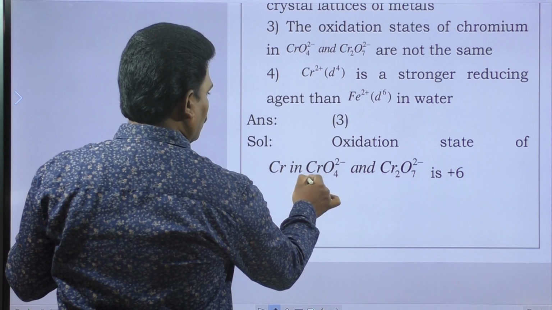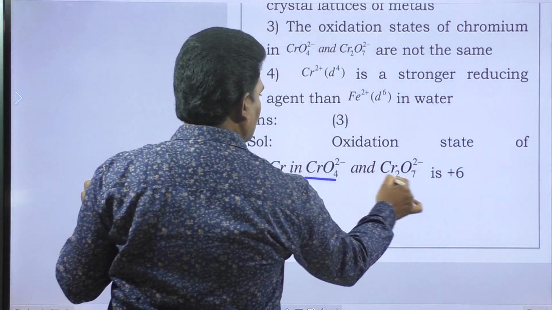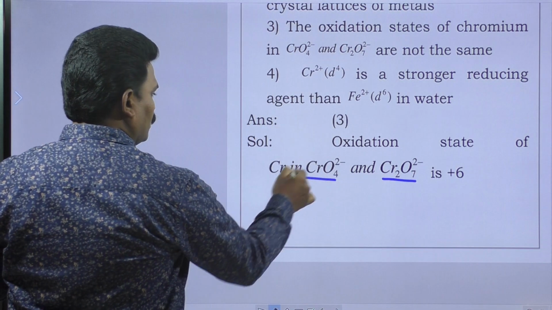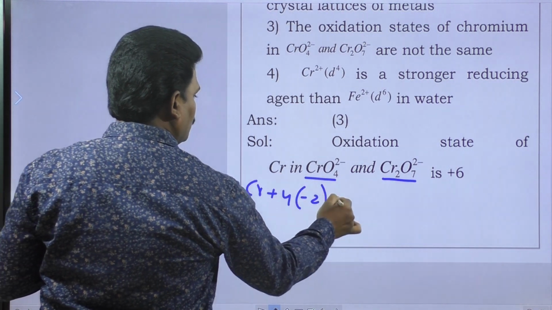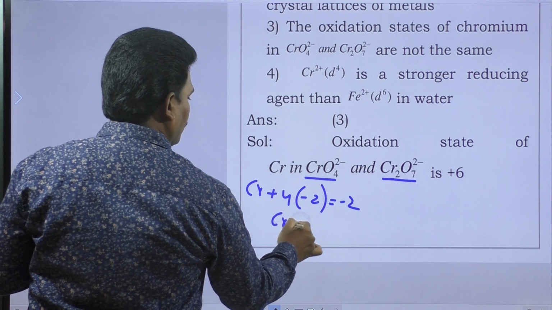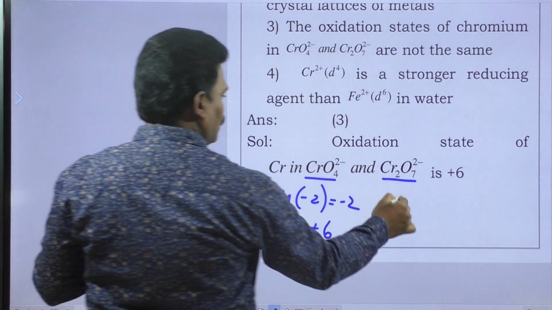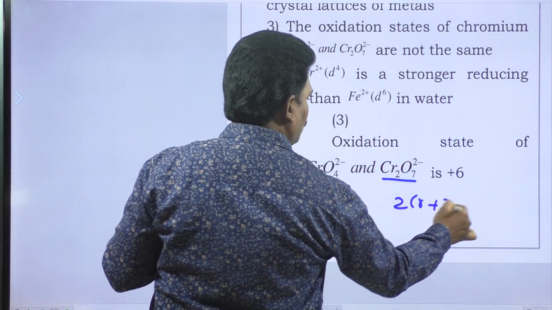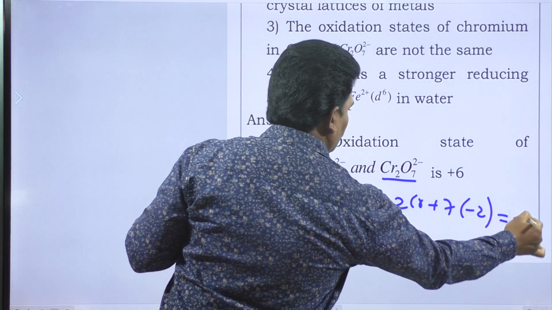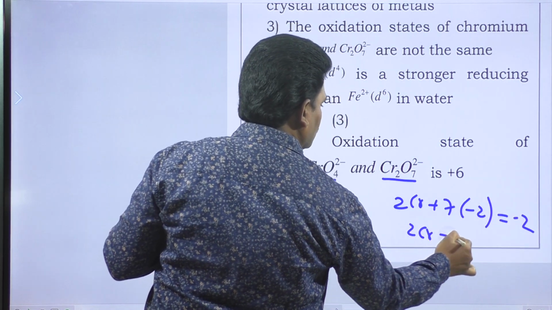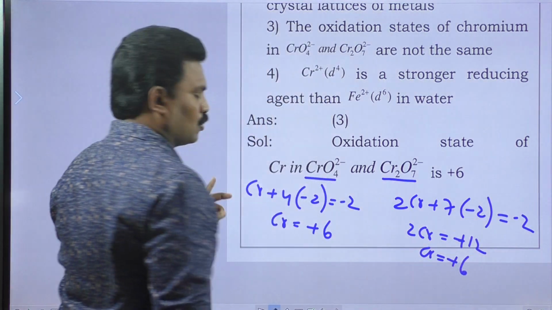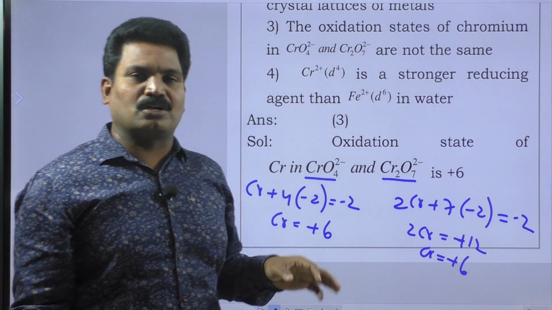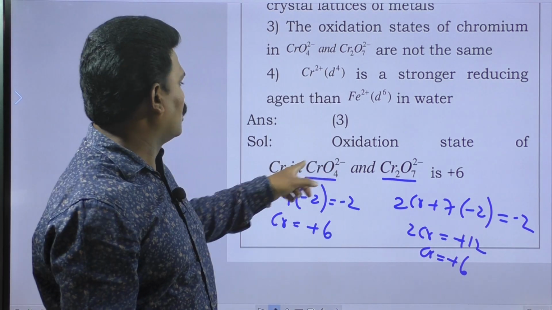The oxidation number of chromium in CrO4 minus 2: chromium plus 4 into minus 2 is equal to minus 2, so chromium is equal to plus 6. Here, 2 chromium plus 7 into minus 2 is equal to minus 2. So 2 chromium is equal to plus 12, chromium is equal to plus 6.